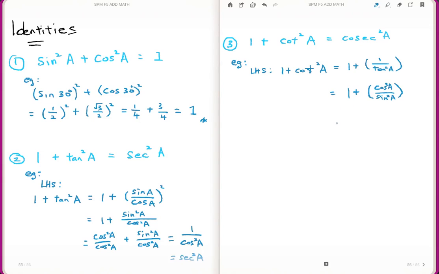So again, from here, the denominator is not the same, it's 1, so you multiply both sides up and down, sine squared A over sine squared A. So plus this remains over sine squared A. So sine squared plus cos squared, same angle, is 1. So this is 1 over, denominator is sine squared A. So 1 over sine squared A is basically equal to cosecant squared A, right?